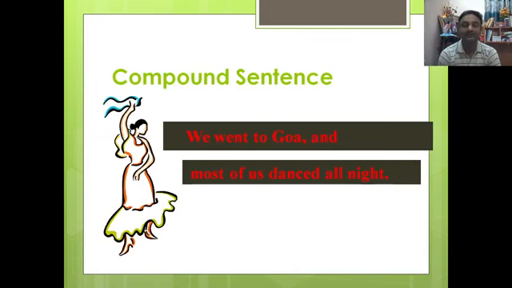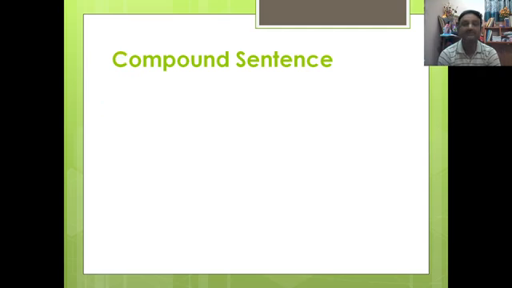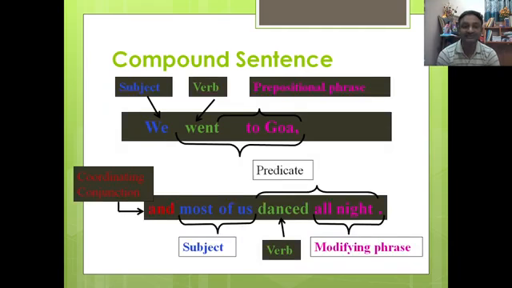Now we can look into it. The example of the compound sentence can be seen: We went to Goa, comma, and most of us danced all night. So a compound sentence can be understood with this slide. A subject, verb, a prepositional phrase. Similarly, we went to Goa.